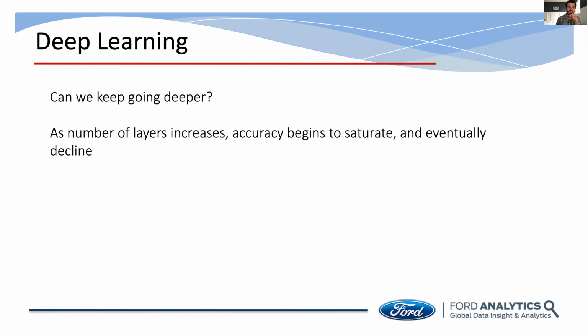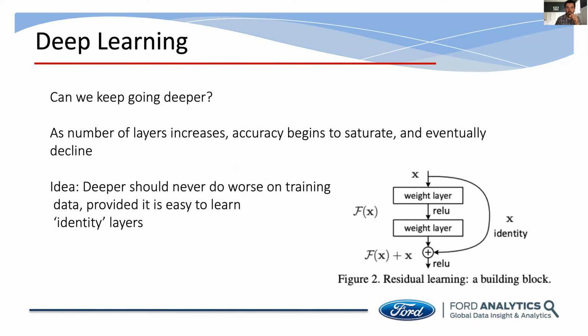And so you might even think that if I add layers, I should never be doing worse, at least on my training set, provided that I can learn an identity layer. Meaning if I can learn how to classify images with 5 layers, I should be fine with 6 if I'm smart enough to learn that I can just do it with 5 and then leave nothing changed through the last layer.